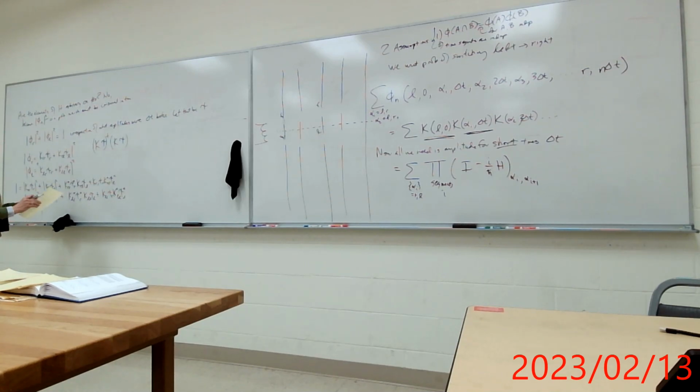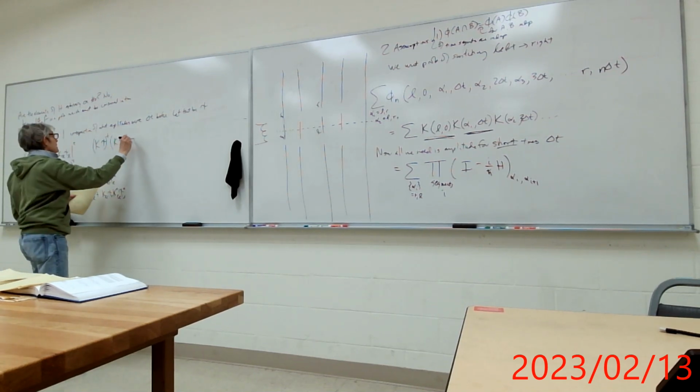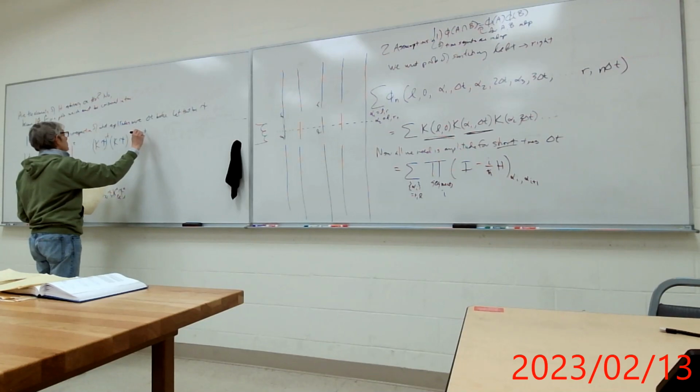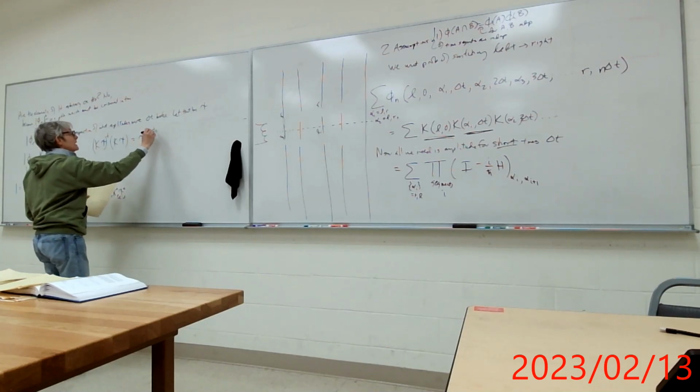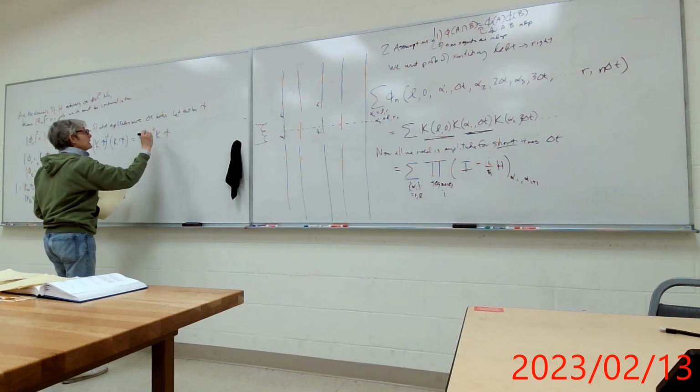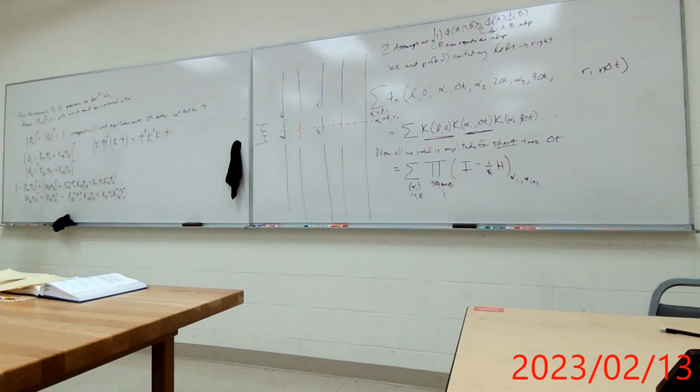That's the same thing if you flip it around and do each individual thing, right? So this is psi dagger K dagger K psi. And that has to equal 1.